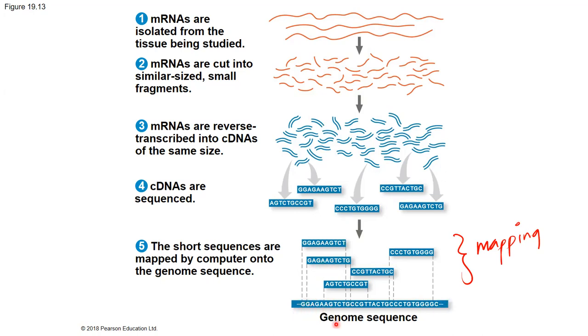So we know the genome sequence. For example, here we have this fragment that has a sequence that is located here within the genome. This one is located here. Basically, these are sequenced cDNA molecules, which correspond to sequenced mRNA molecules.